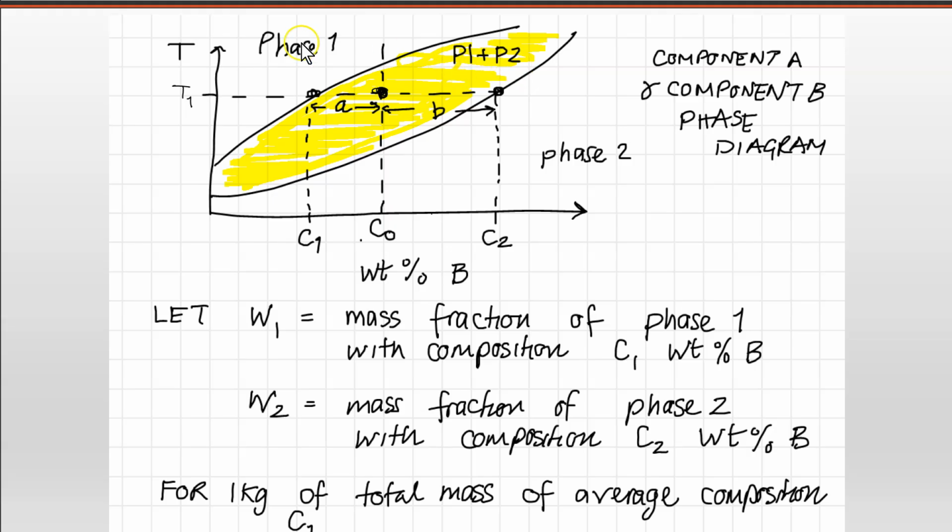I've called them P1 and P2, representing phase 1 and phase 2. This phase diagram is for a two-component system containing component A and component B. The horizontal X scale represents the weight percent of B. So let W1 equal the mass fraction of phase 1 with a composition of C1, weight percent B. And let W2 equal the mass fraction of phase 2 with composition C2, weight percent B. So the mass fraction is the mass of a certain phase divided by the total mass of the system.